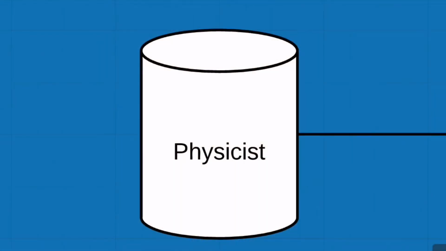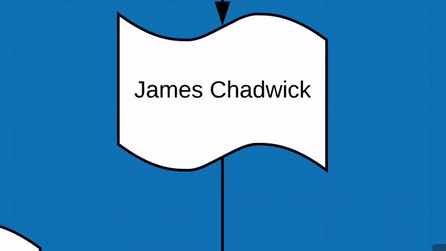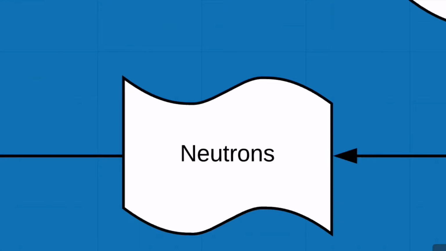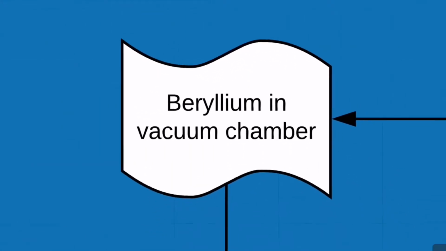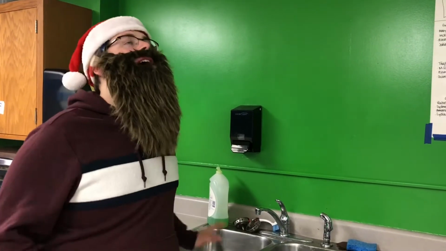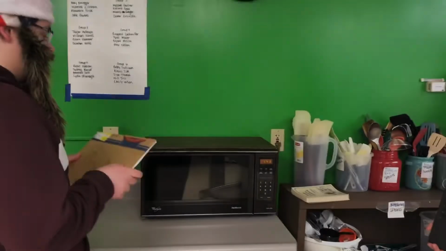An English physicist named James Chadwick discovered the existence of neutrons. He confirmed the existence of neutrons by putting a piece of beryllium in a vacuum chamber with polonium. The polonium struck the beryllium, proving the theory. Sick of everyone praising Ernest. His theory is obviously stupid. I bet I could prove his theory wrong with my experiments.